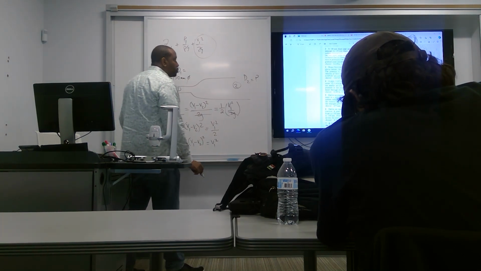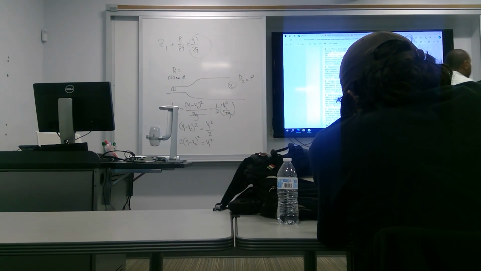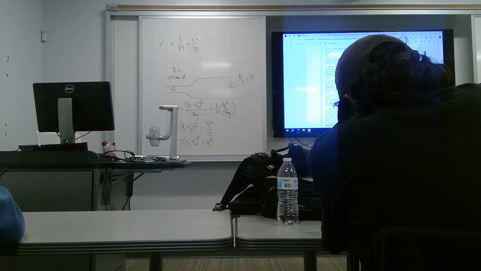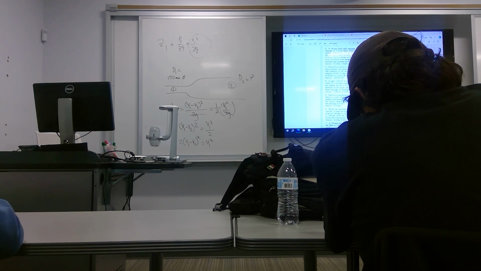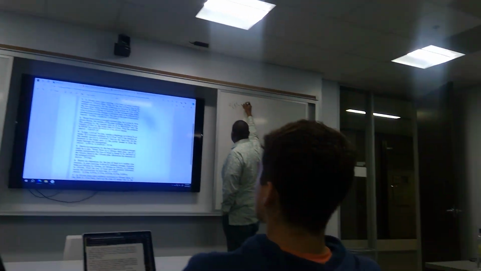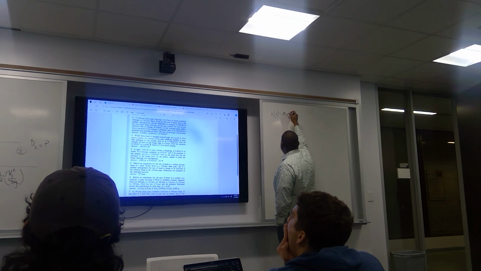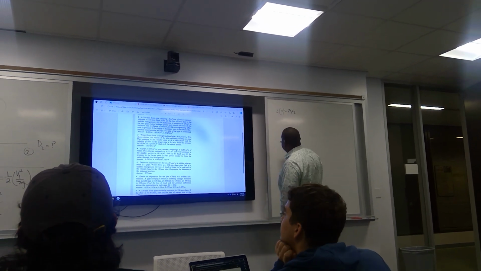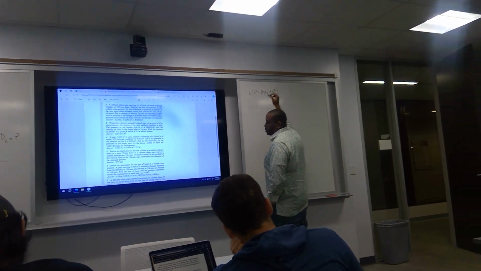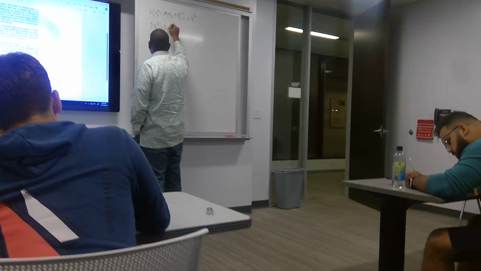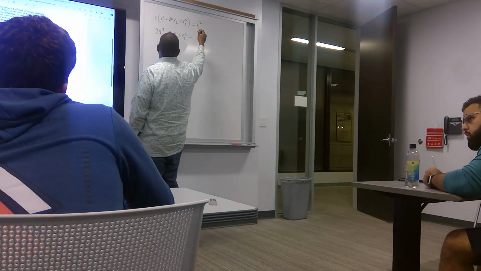Now expanding, we have 2V1 squared minus 4V1V2 plus 2V2 squared equal to V1 squared.